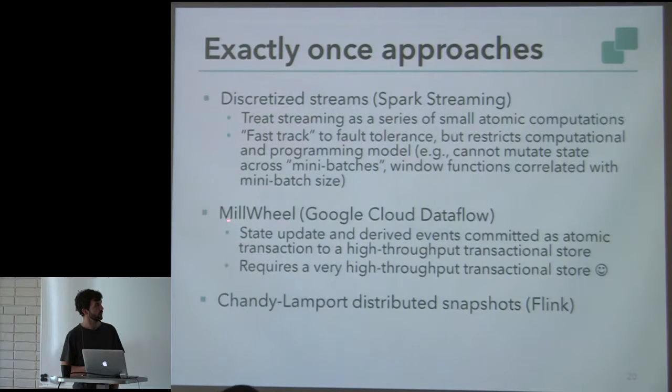Then there's Google MillWheel, which has a really fancy key-value store that supports transactions, where they persist the state for every update they perform, every record basically. And then there's the Flink approach, which uses a distributed snapshotting algorithm called Chandy-Lamport.